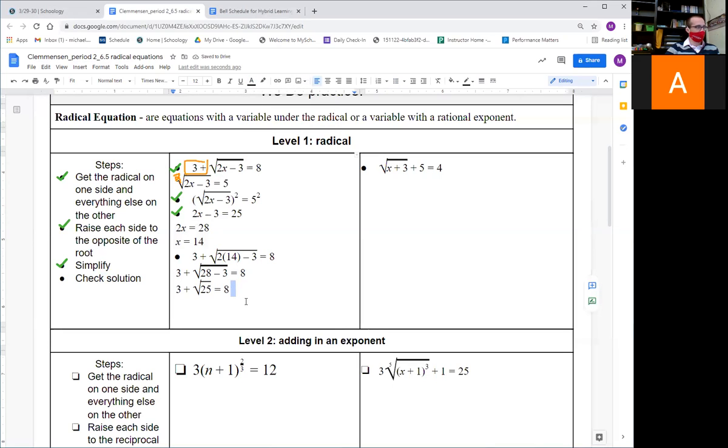Square root of 25 is 5. 3 plus 5 is 8. And since those two match, since 8 equals 8, x equals 14 does work as my answer. So this would be a correct answer, x equals 14.